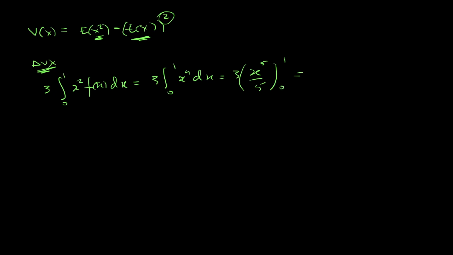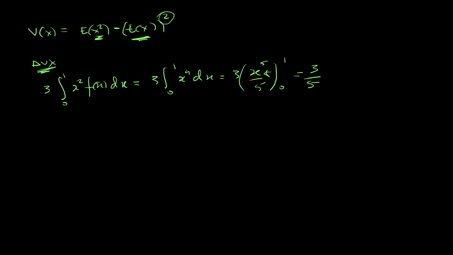So 1 goes inside, 1 to the 5th divided by 5 times 3, and the other one is 0 because 0 goes on top. So 1 minus 0 is 1, and 3/5 is your answer. This is the first one.